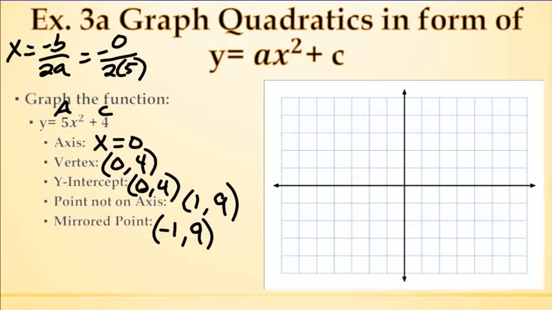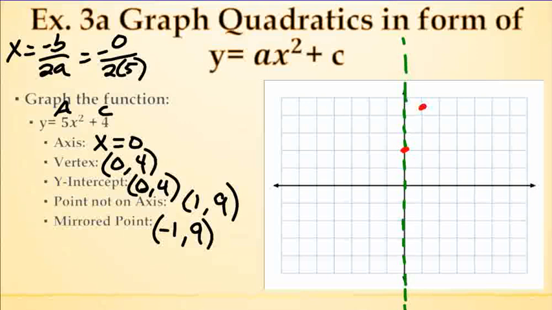The axis is at 0, so y-intercept. Plot my points. The vertex is at 0 and 4, and I'm going to count by 2s on the y-axis. So 2, 4, so this is 0, 4. That's also my y-intercept. A point not on the axis, I go 1 and 9.